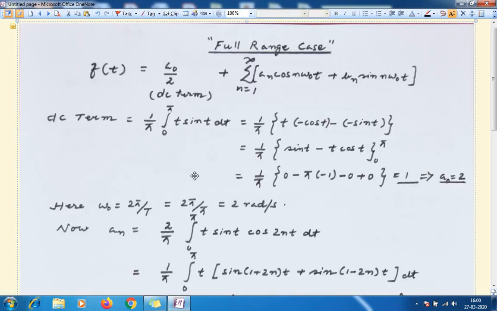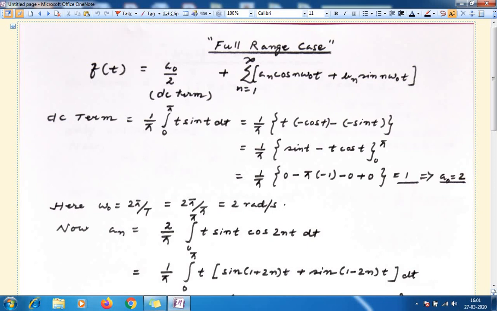As you can see, this is the full range Fourier series, and the functional form is DC term plus cosine terms plus sine terms. Here we first calculate the DC term. DC term is 1 by time period times the average of the function over the entire period.